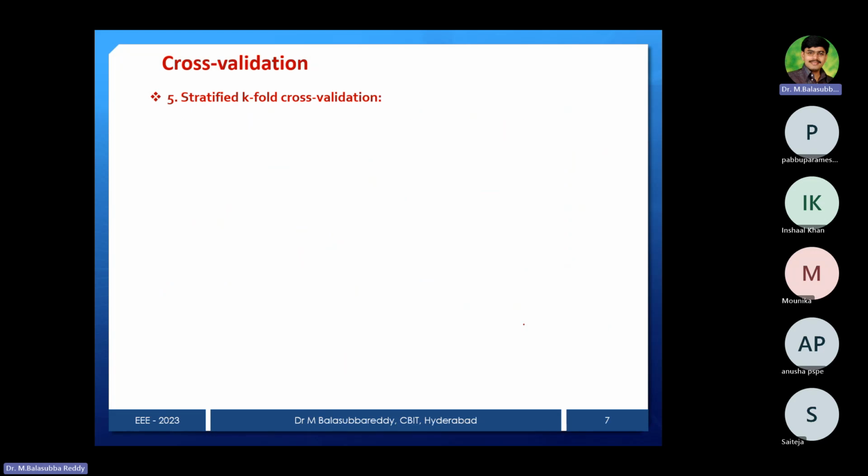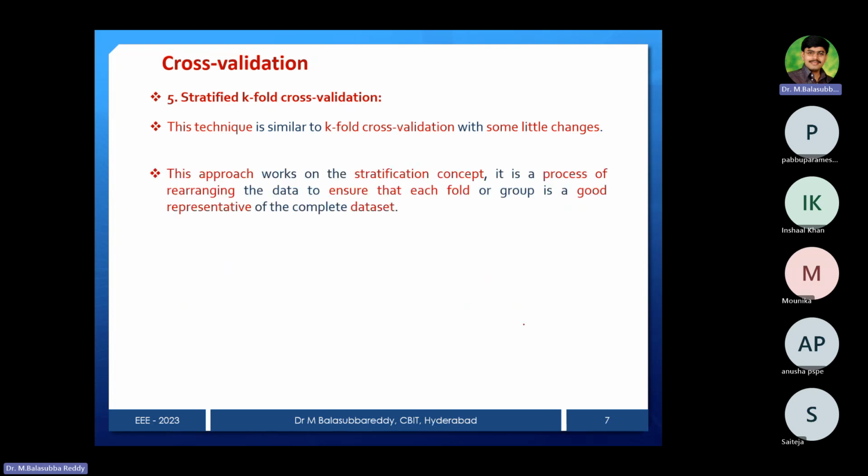Another one is stratified k-fold cross validation. This technique is similar to k-fold cross validation with some little changes. This approach works on the stratification concept. It is a process of rearranging the data to ensure that each fold or group is a good representative of the complete data set.